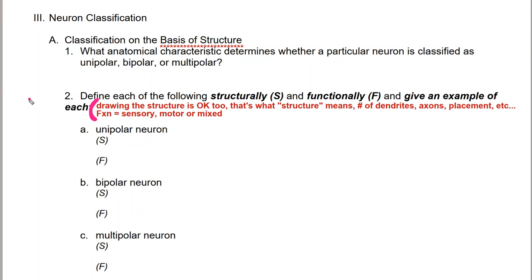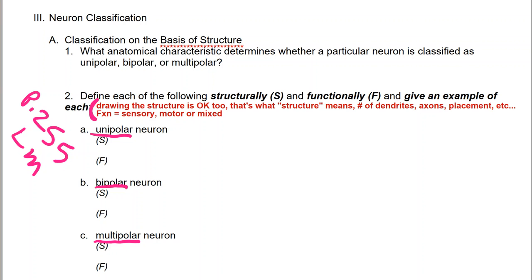I'm looking at page 255 in your lab manual, and it has drawings of these. If drawing these shapes of neurons helps you understand them, that's fine with me. Do whatever you need to do to understand the difference between these 3 types.